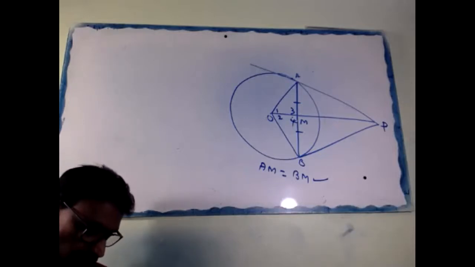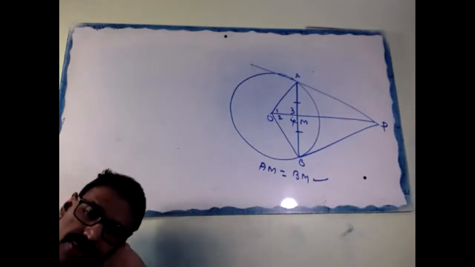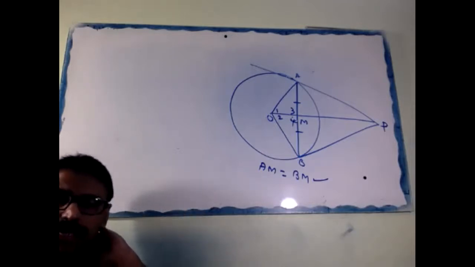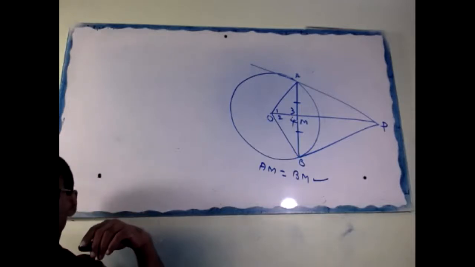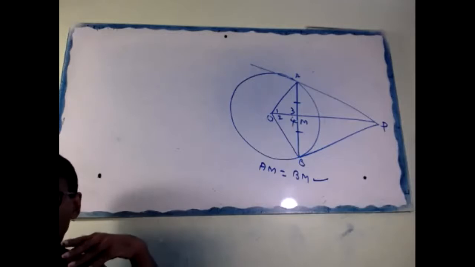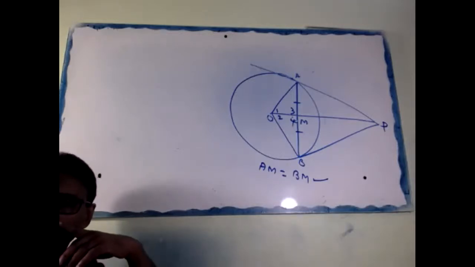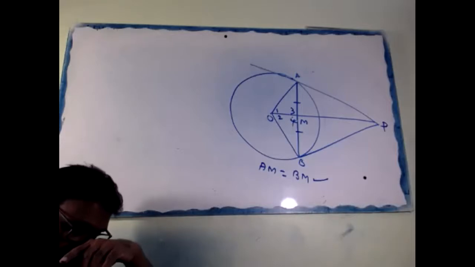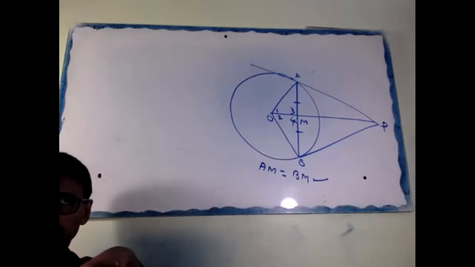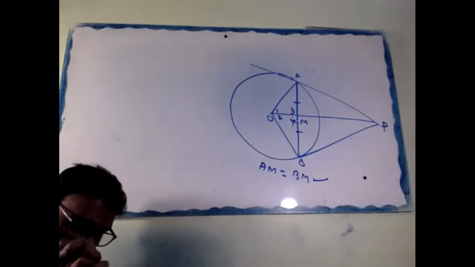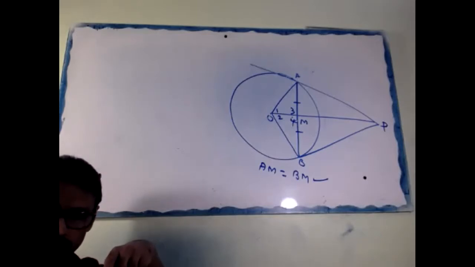The length of two sides containing the right angle are 6 centimeter and 8 centimeter. Find the radius of the circle.